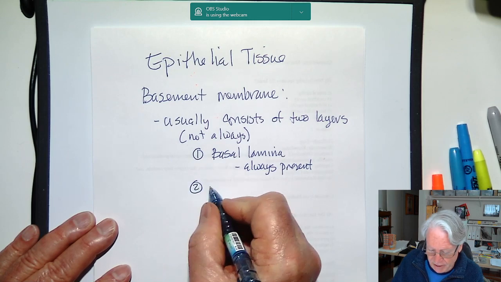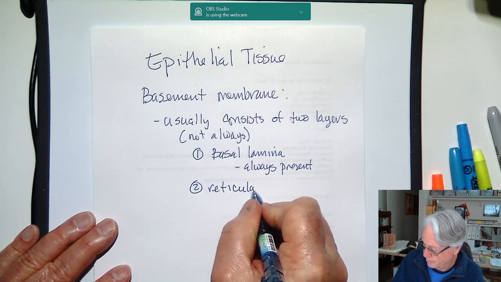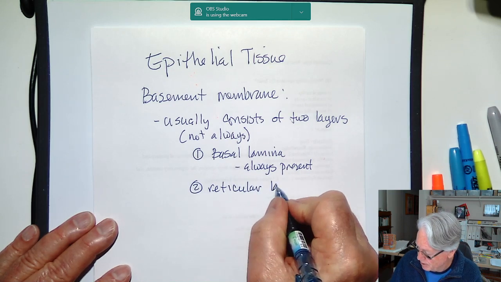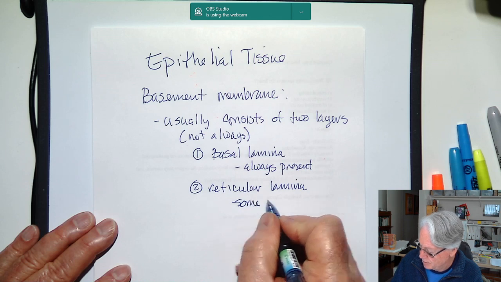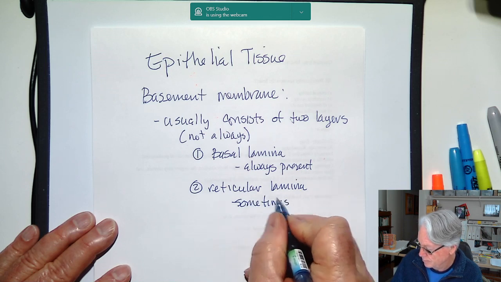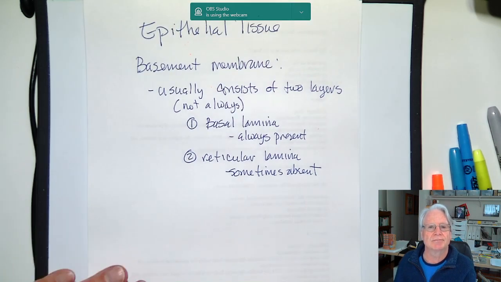And the reticular layer, or lamina, is sometimes absent.